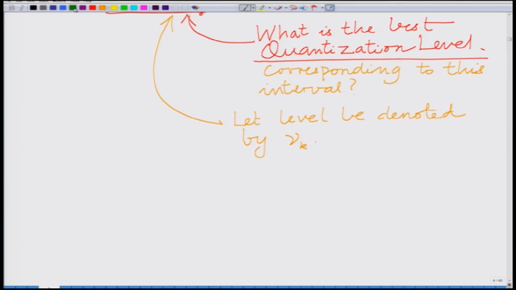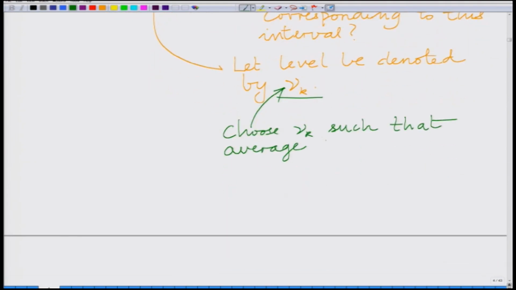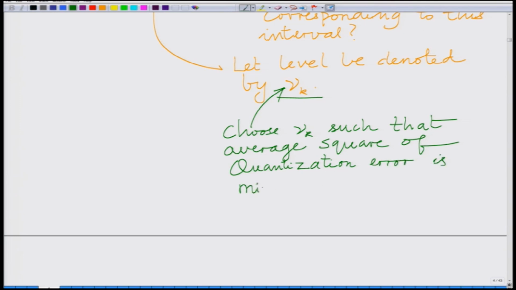So, choose nu k such that the average square of quantization error is minimized.